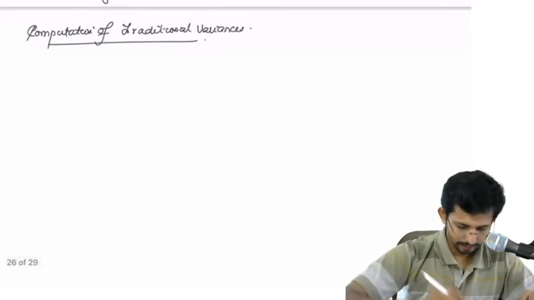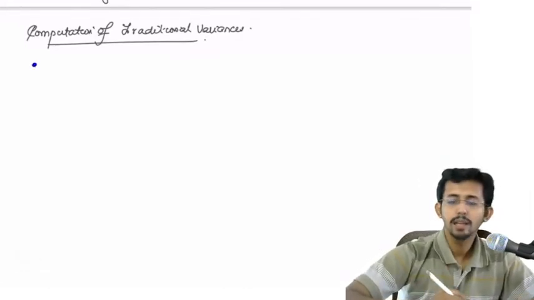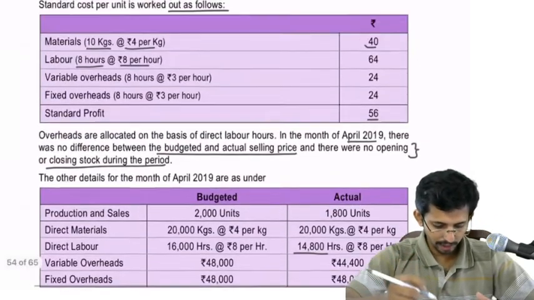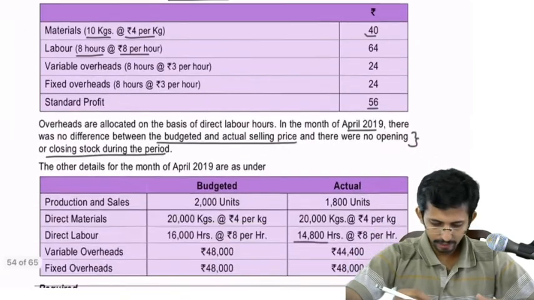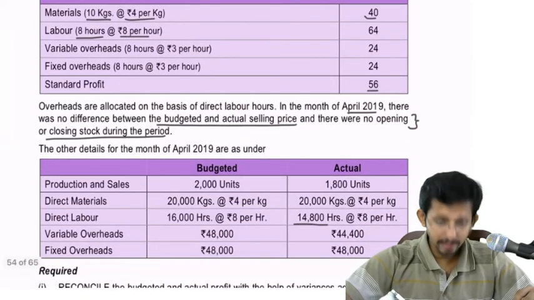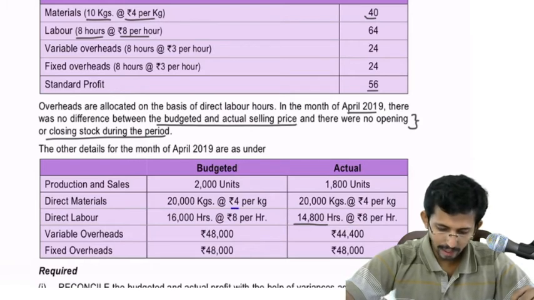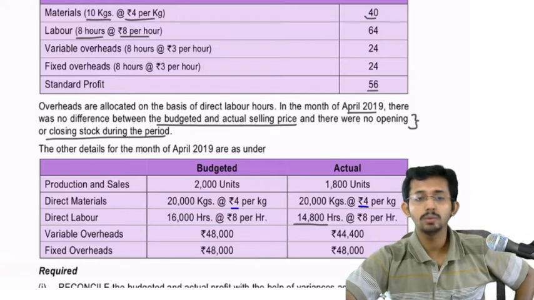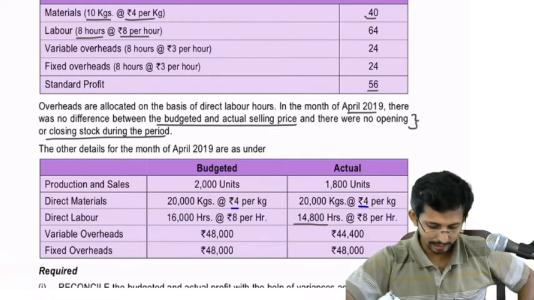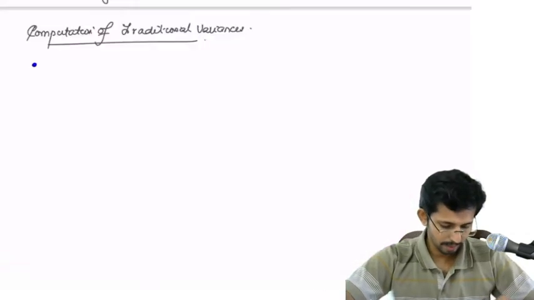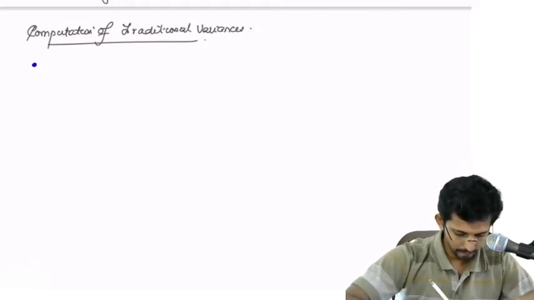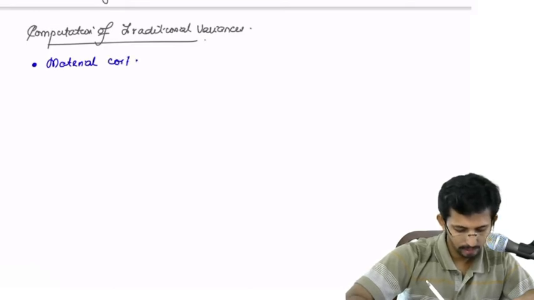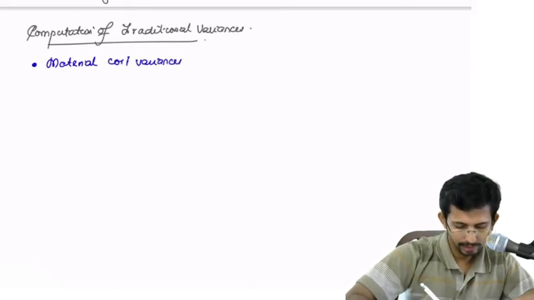Now under that one, which is that material variance. Okay. In material variance, if you see the rates, budgeted rate, it is 4 per kg, actual rate is 4 per kg. So do you think that there will be any price variance? No, there is no price variance because there is no change in the material cost. Okay, so you can write material cost variances.